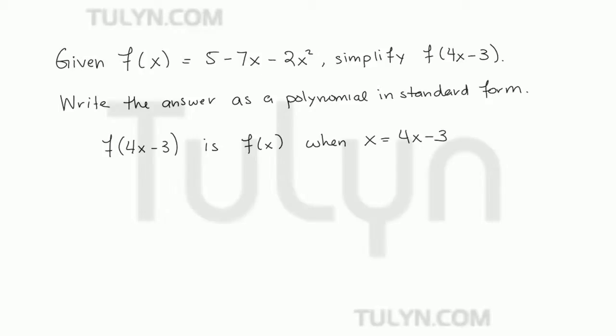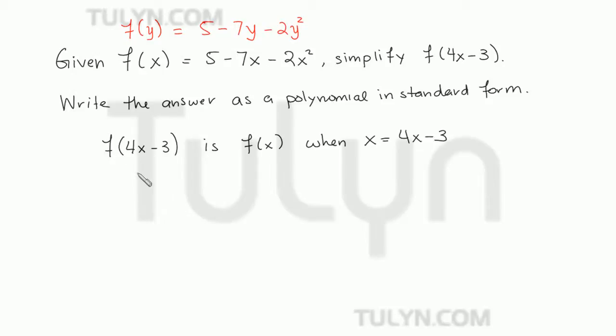Now, one of the ideas that you can do so that you can get better used to the idea so there aren't that many x's around is that you could first rewrite this function and replace all the x's you see with y, right? So f of y would be 5 minus 7y minus 2y squared.